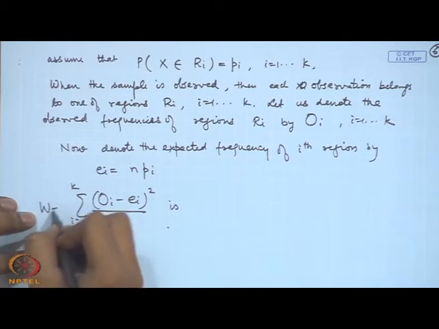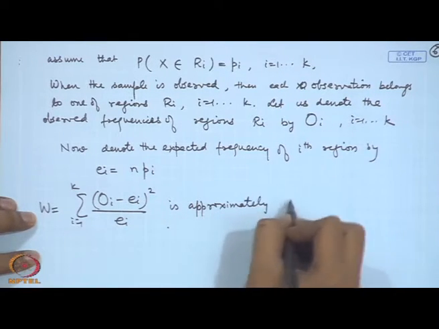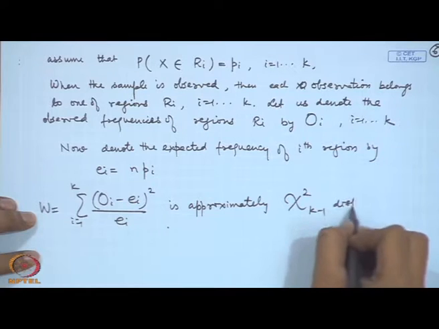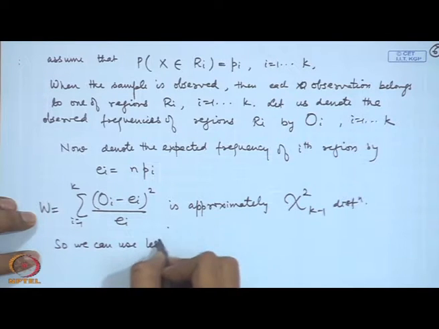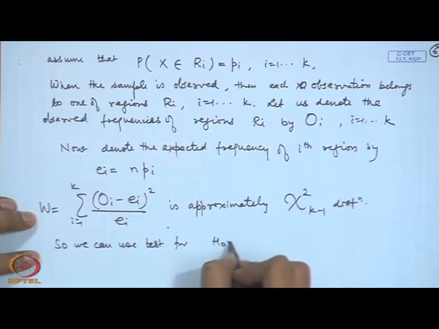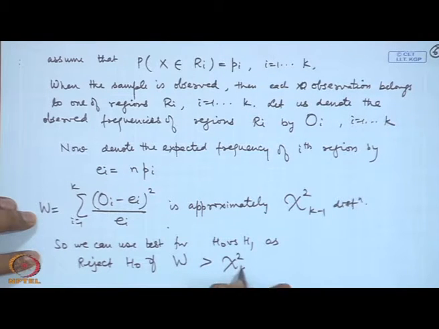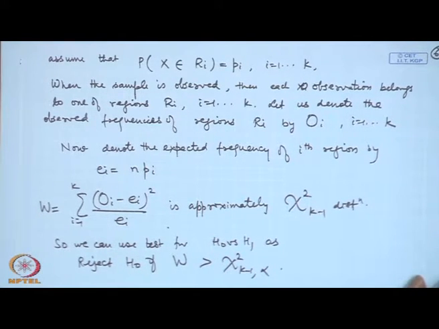Let us call it W, then this has approximately chi square distribution on k minus 1 degrees of freedom. So, we can use the test for H naught versus H 1 as: reject H naught if W is greater than chi square k minus 1 alpha. Let us consider an example here.